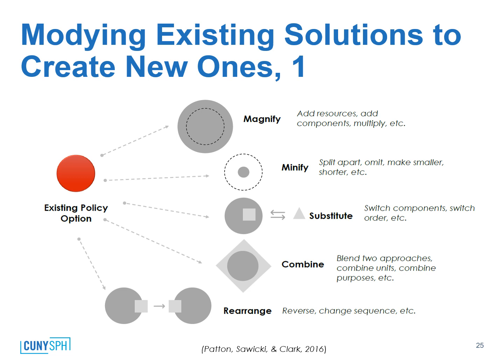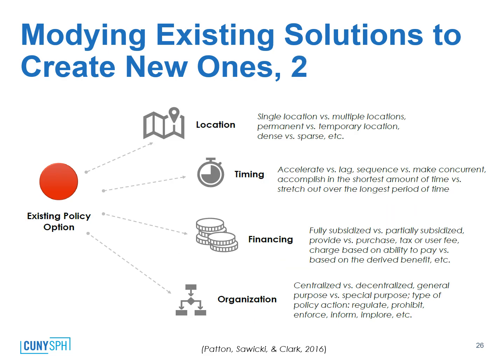These modification strategies encourage creative problem solving while staying grounded in existing frameworks and turning old ideas into more adaptive, context-specific solutions. The second stage of modification strategies focuses on contextual factors that can make an existing policy more effective or feasible. We might adjust where a policy is implemented. Maybe we shift from hospital-based services to community centers.